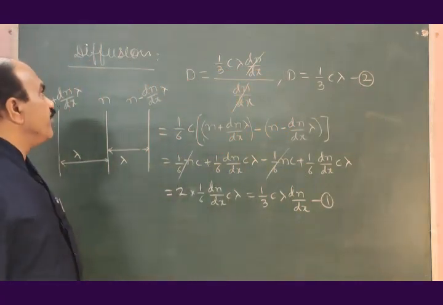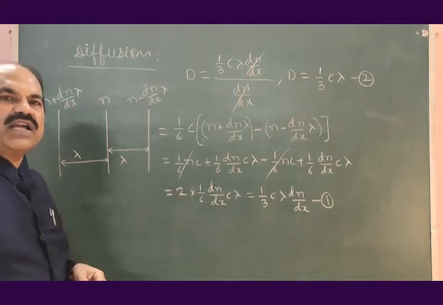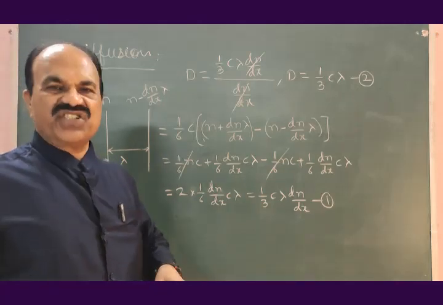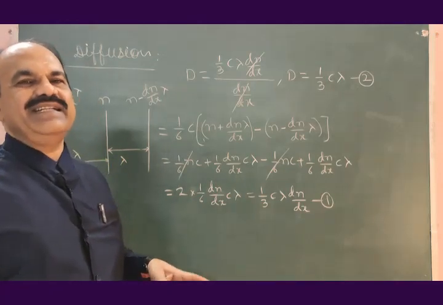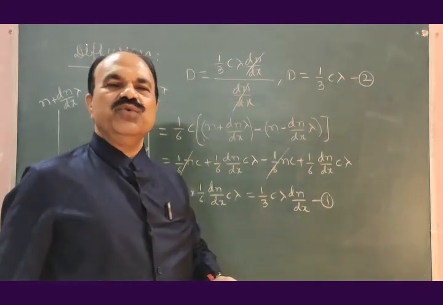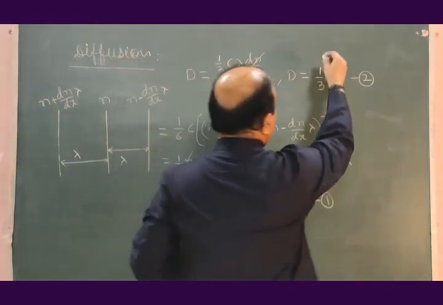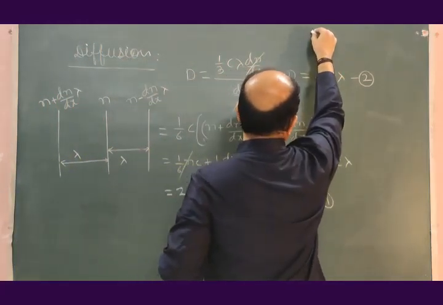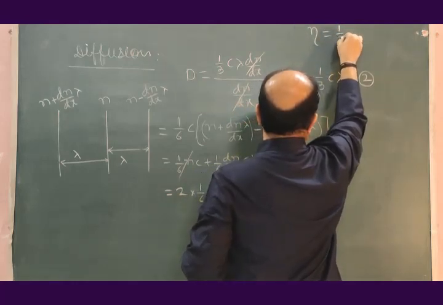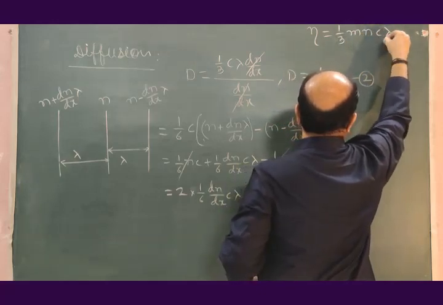And so the diffusion in a gas due to non-uniform concentration of the molecules inside the gas is given by the equation D is equal to 1/3 c lambda. Earlier we found the coefficient of viscosity as 1/3 of m c lambda.